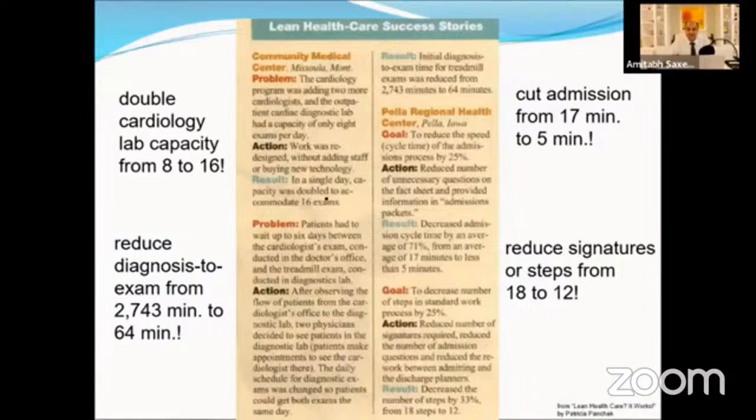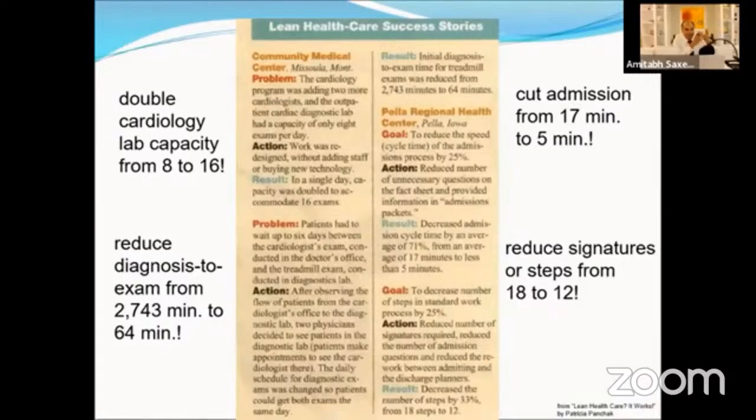We redesigned the process and we were able to double the capacity. We reduced the diagnosis time from 2000 minutes to 64 minutes. How? Earlier, the patient had to wait up to 6 days between the cardiologist exam conducted in the doctor's office and the treadmill exam, which was conducted somewhere else in the diagnostic labs.